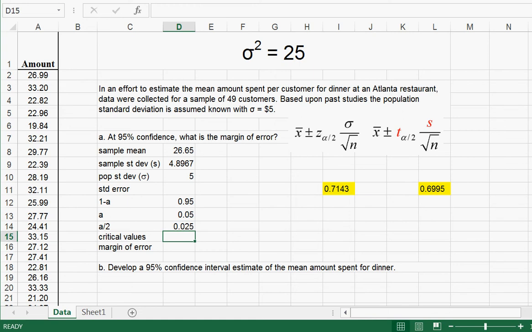Now, why do I write critical values instead of z subscript alpha divided by 2? I'm going to call this z alpha divided by 2, and this is t alpha divided by 2. These are subscripts.